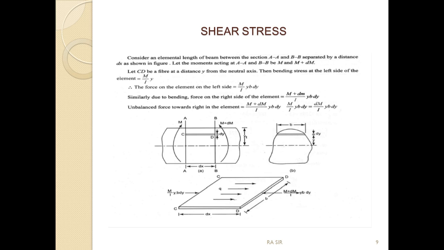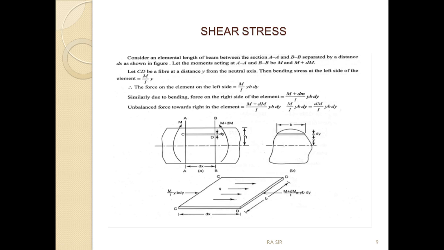Now in case of shear stress, as we have deduced earlier that F is equal to My by I, we are going to use that particular equation of bending to deduce the shear stress here. The force on the element on the left hand side equals M by I y b dy.